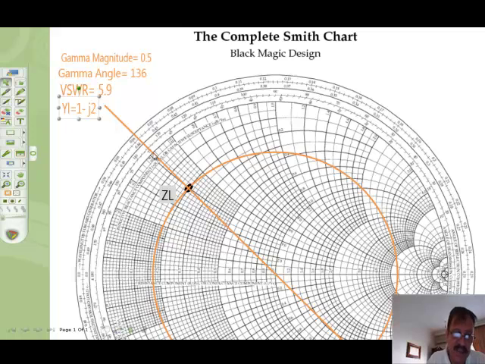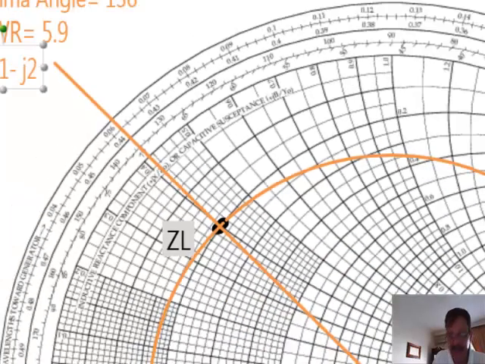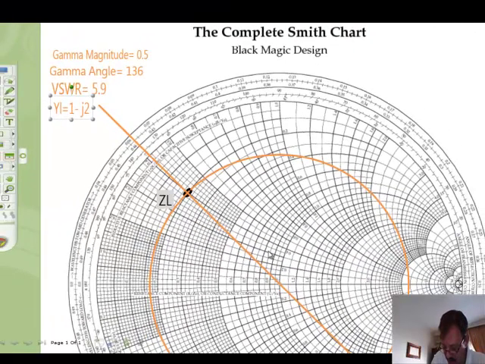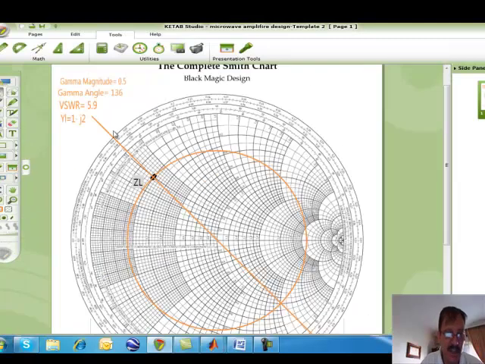So where is this value on the last scale here? It's about 0.062, and we add to it, as we agreed, 0.4 lambda. So we really need to go to 0.46 on the wavelengths towards generator scale.